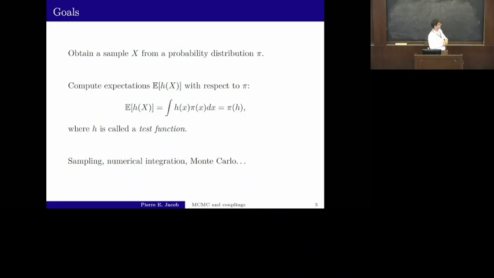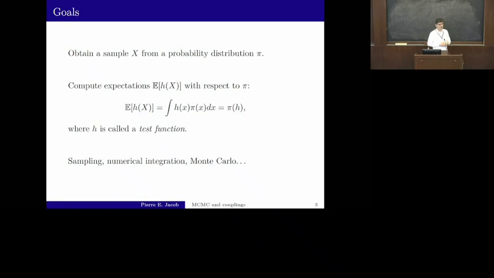And so there are many ways of obtaining those samples. And often we are not directly interested in obtaining samples. We're more interested in obtaining integrals, or computing expectations. So here I denote by the expectation of h of x, where x would follow pi, and h would be a so-called test function.